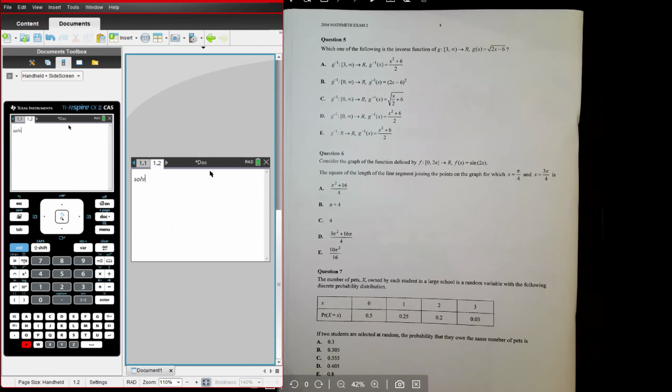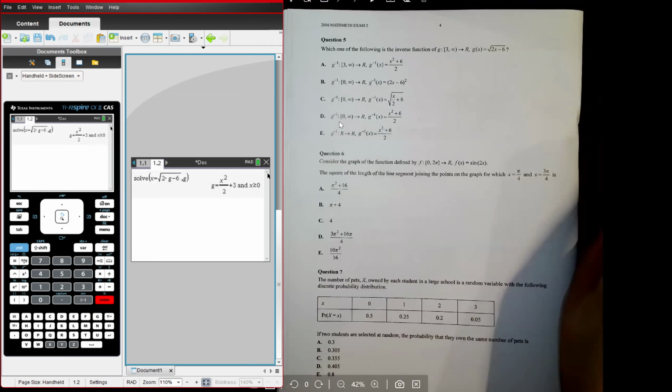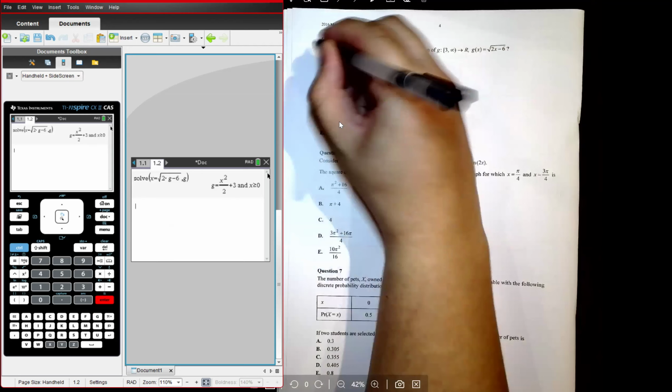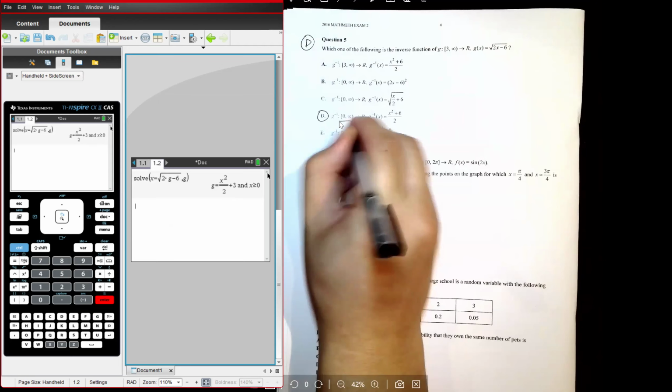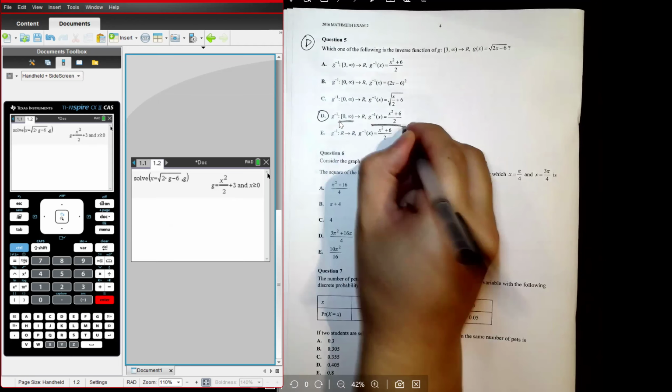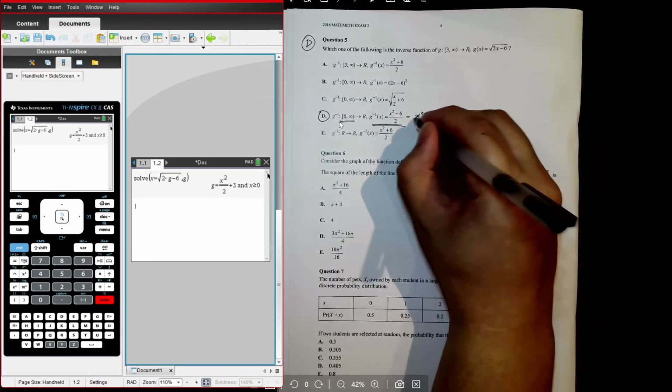So what I will do is I'll solve x equals to square root of 2g minus 6, comma g, or 2y minus 6. And you'll be able to get this inverse function. G inverse is x squared on 2 plus 3, and x is greater than or equal to 0. Just notice that you can combine these two terms into one. So the correct option will be option D, okay? Notice the domain restriction and the equation here. And that is x over 2 plus 3.